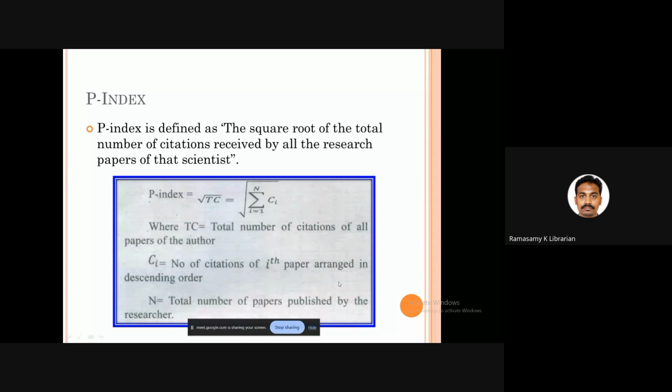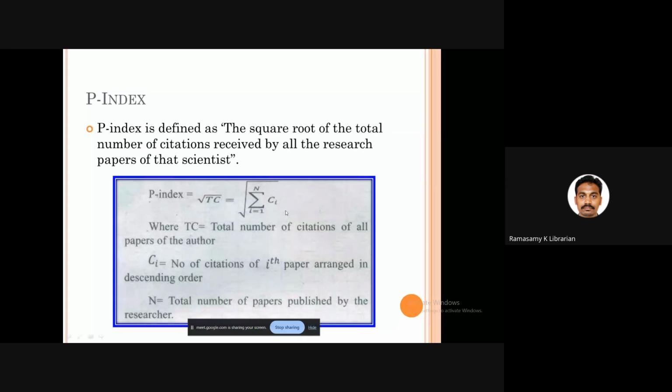He says P index is nothing but the square root of the total number of citations received by all the research papers of the scientist. Whatever papers you published, whatever citations you received, you add all the citations received by all your papers. You just find out the square root of the total citations received by you. That is your P index.